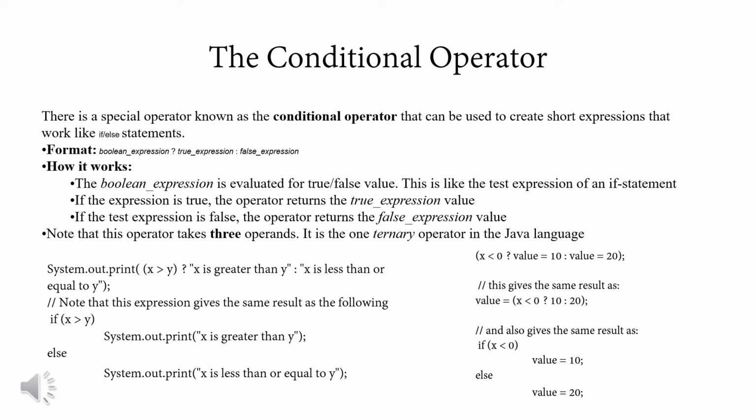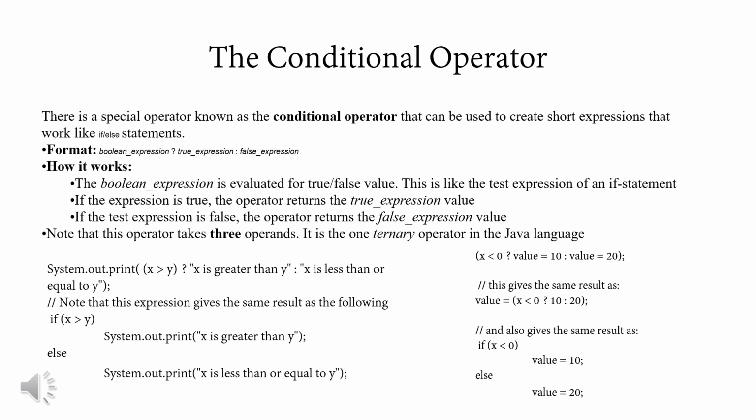Another example here on the right-hand side checks the value of x, and if it's less than 0, right, then it will initialize the value to be 10. But if x is greater than or equal to 0, then the value will be 20, right?